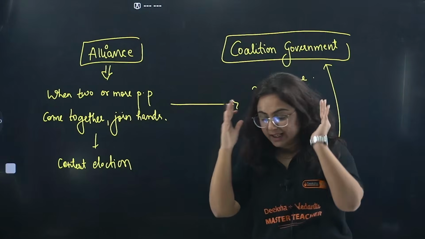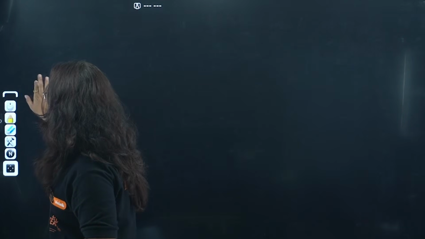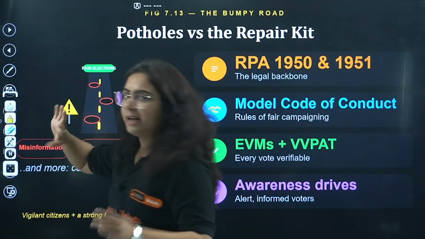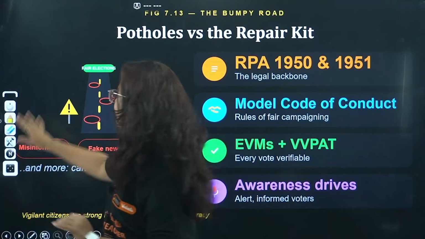Clear? This is the great difference between alliance and coalition government. Whenever you are writing answers, don't use these words interchangeably. Alliance is different, coalition government is different.